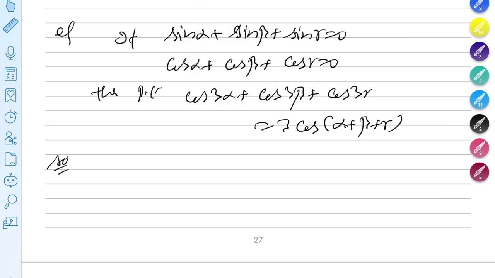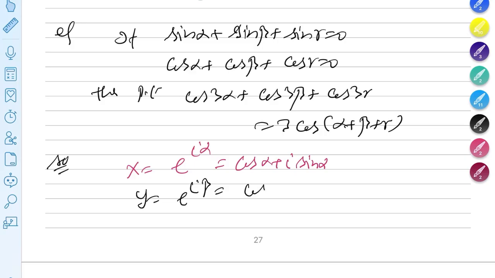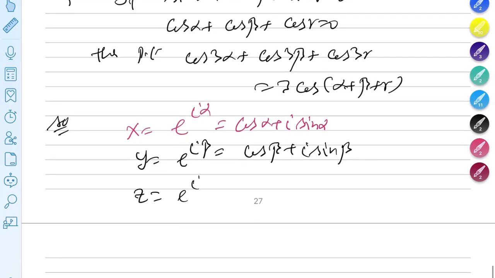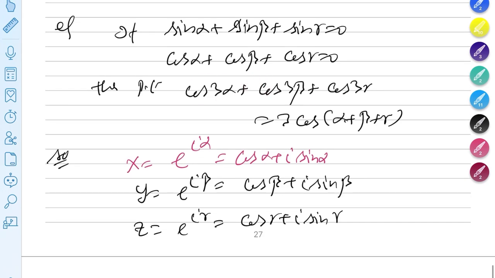Since sin alpha and cos alpha are involved, we can start with x equal to e to the power I alpha, which is nothing but cos alpha plus I sin alpha, and y is again e to the power I beta, which is cos beta plus I sin beta, and similarly z is e to the power I gamma, equal to cos gamma plus I sin gamma.